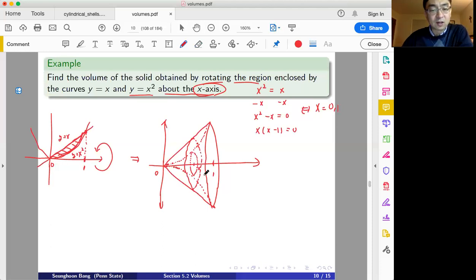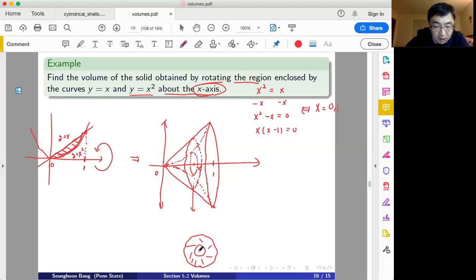Like this, right? So what happens? You can draw this cross section here: a bigger circle and a small one. So we have this area between two circles.